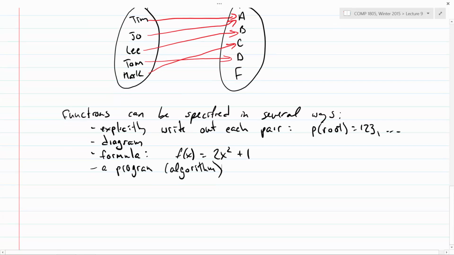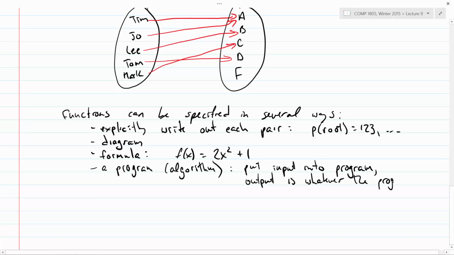So you put input into the program, and the output is whatever the program gives you. All right, that's another way to specify how to define these things. We don't talk about that so much in this course, but you'll see it later.